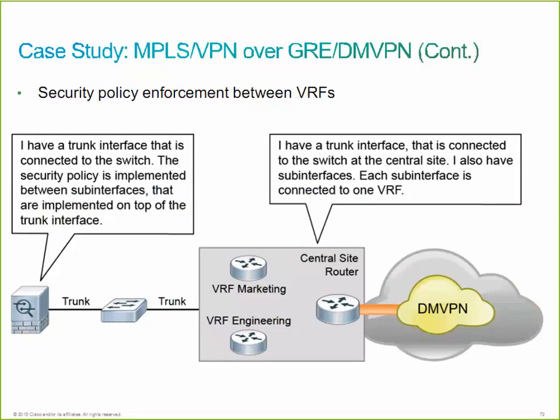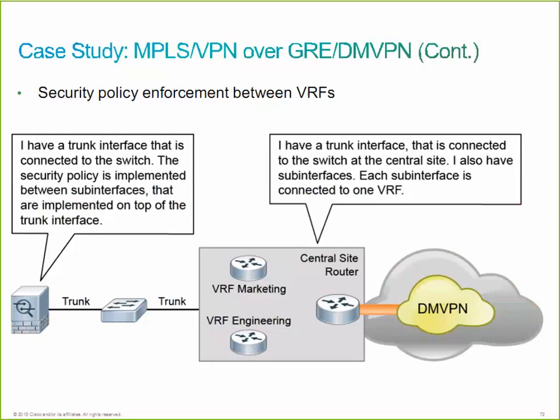In this case, it is a firewall, and that's, by the way, where we would perform our security check. The firewall is connected to the switch using a trunk and sub-interfaces. We have one sub-interface per VLAN, and we use that to provide connectivity from the hub routers. So the security policies get applied on the sub-interfaces, and that's what's going to allow us to control the traffic that's going to pass between the VRFs, what traffic is allowed, what traffic is denied.